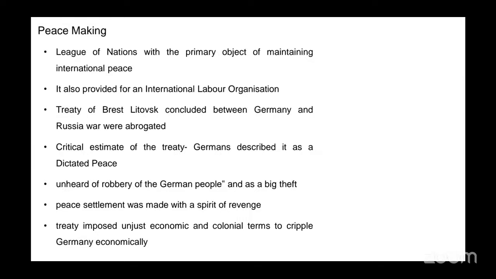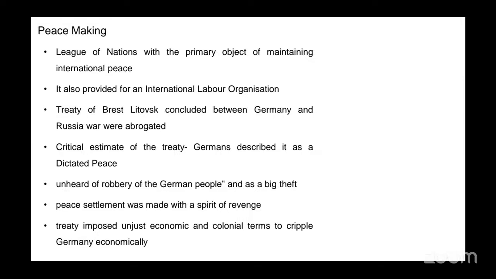But the primary object of all these things was cancelled out, and we can see this during the Second World War. It also provided for international labor organizations. The Treaty of Brest-Litovsk concluded between Germany and Russia was also abrogated.